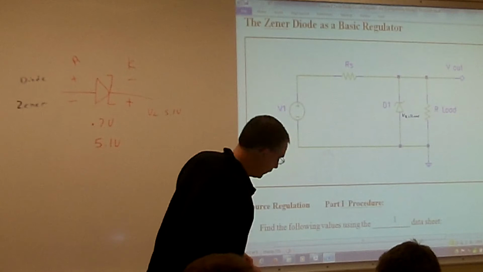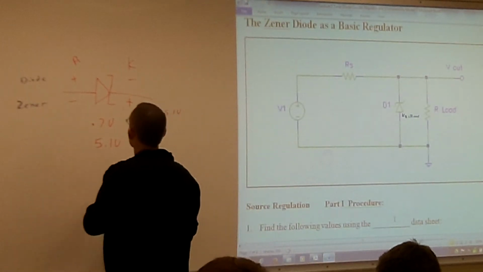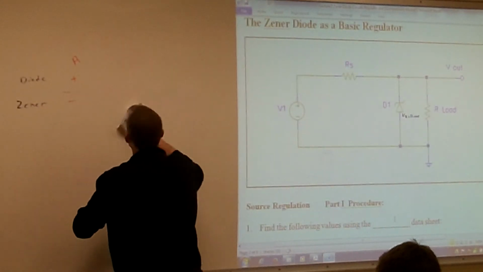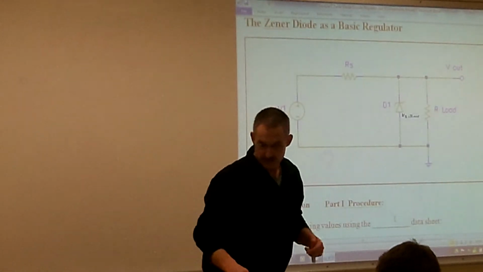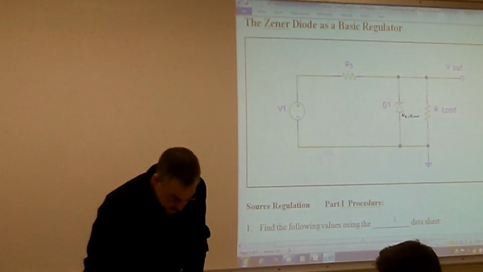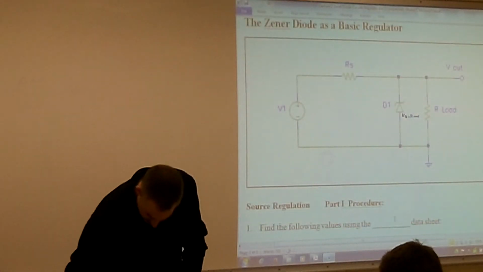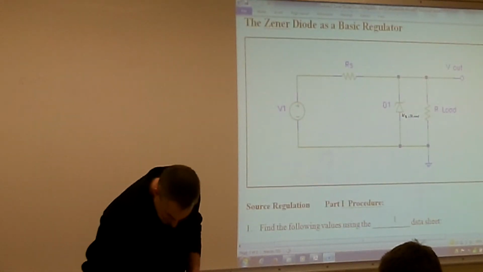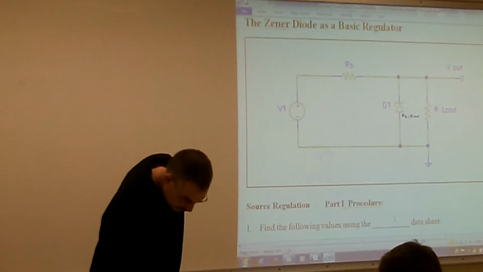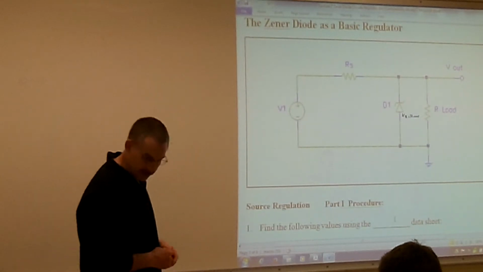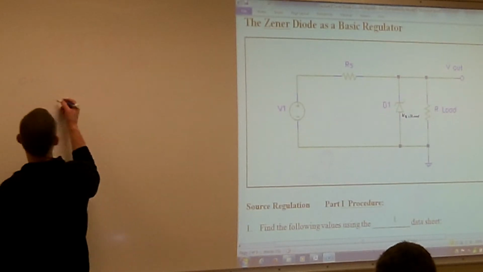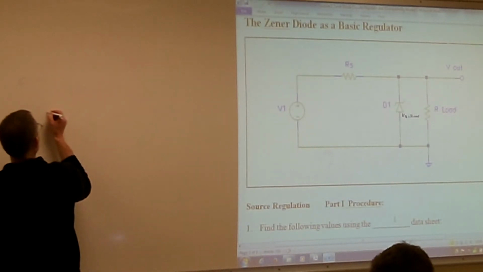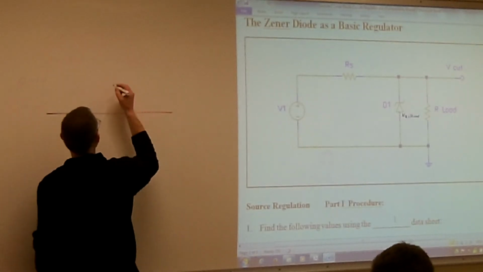So if we look on page 752, there are our diode characteristic curves.